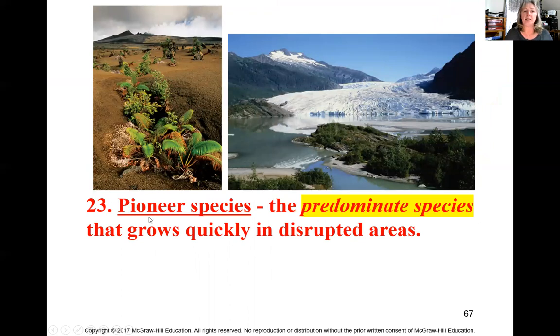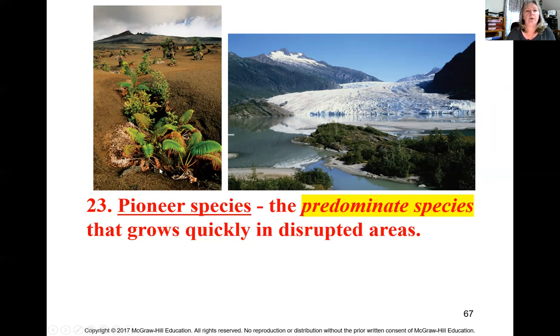Pioneer species is, like I said before, there's a seed bank in the soil. So seeds that are already present in the soil will seed and regrow quickly. Most of those are your native species.